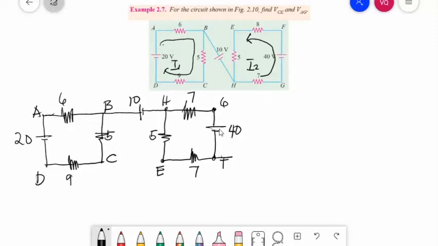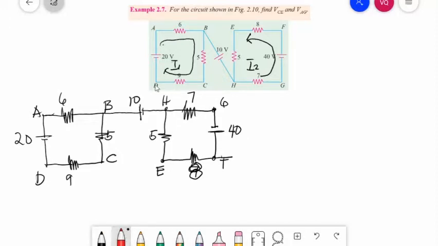The polarity is wrong here: the negative should be on top and the positive at the bottom. F is attached to the positive of the voltage, so it should be attached here too. Then FE, 8. GH, 7, HE is 5.